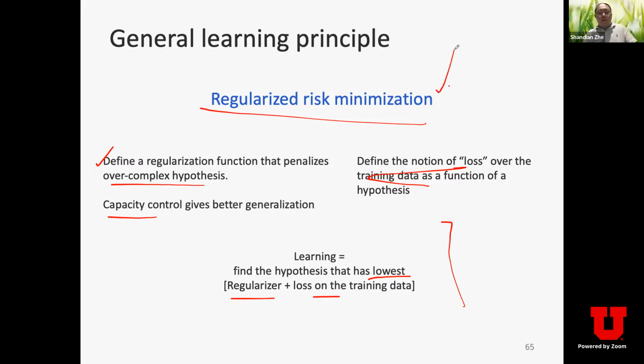And this one is actually the dominant choice in machine learning practice, especially nowadays in the neural network area. It's very easy to use 100-layer neural networks with millions of parameters. They're very, very complicated, which means their VC dimension can be very large.